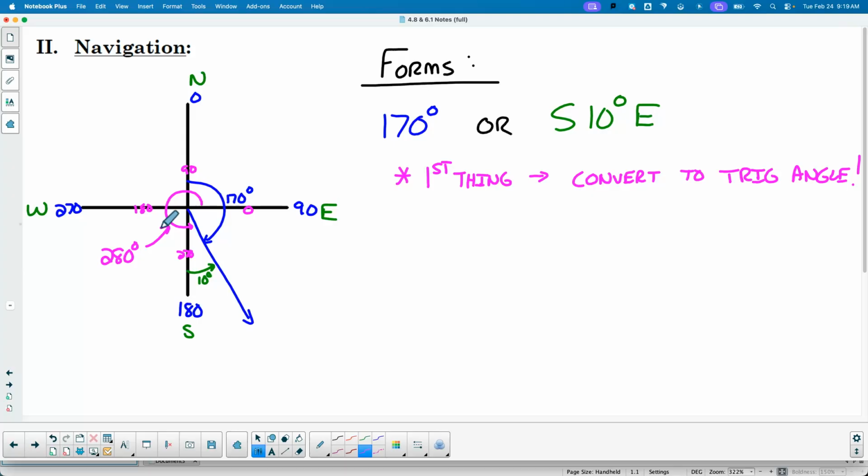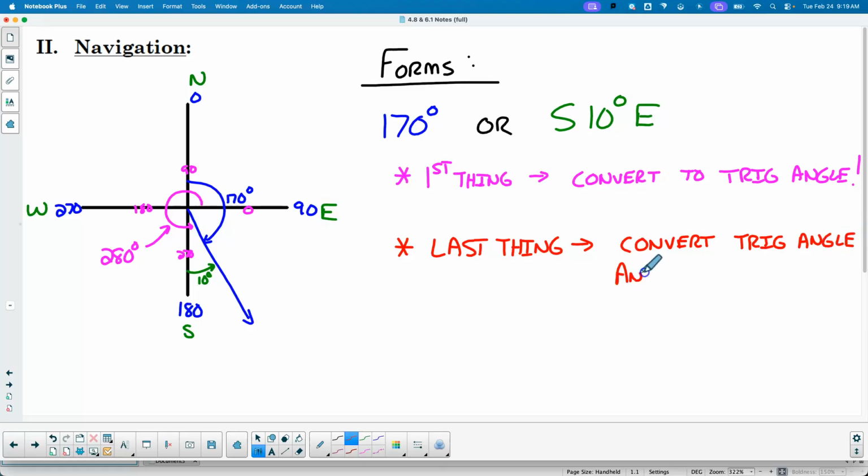What we're going to add now is, the very last thing you're going to do is you need to convert it back to your original angle form.